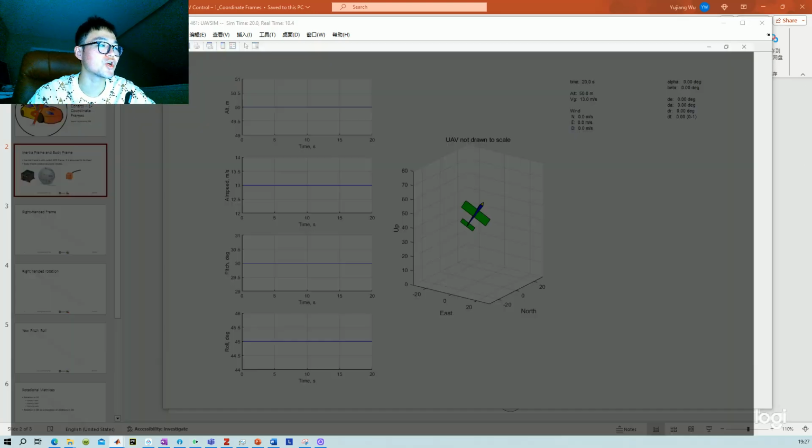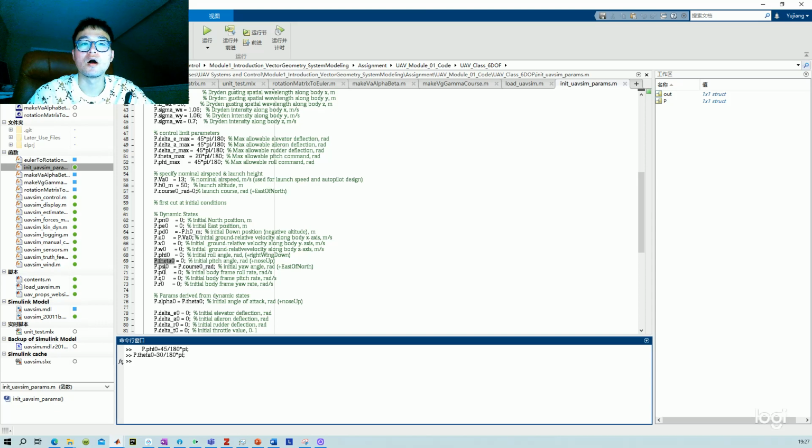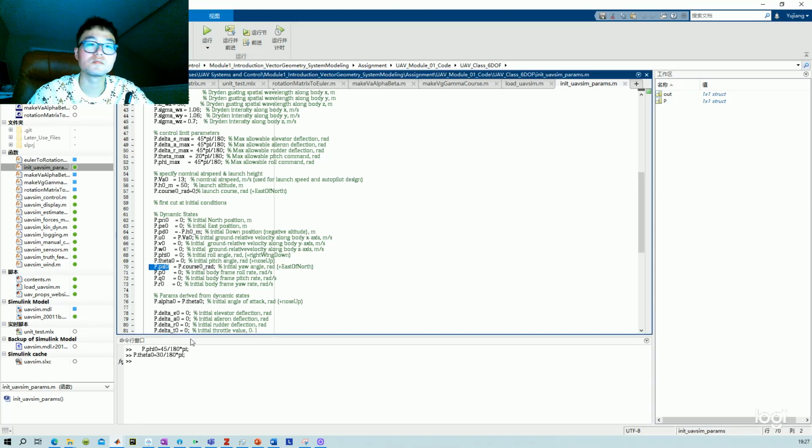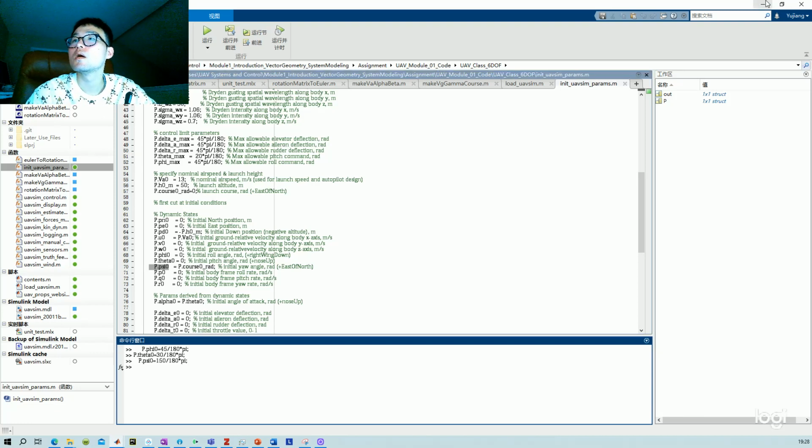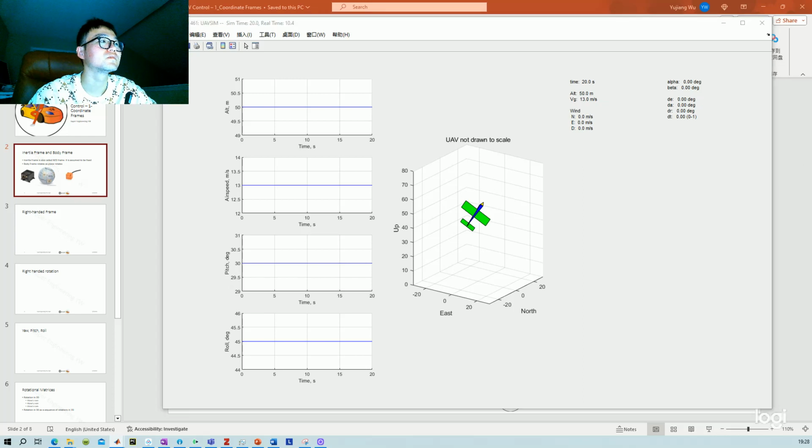Similarly, we could change our yaw angle, which is on the horizontal plane. Let's do 50 degrees, or more interestingly 150 degrees. Let's play.